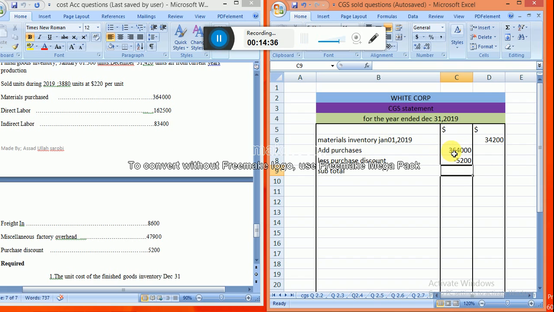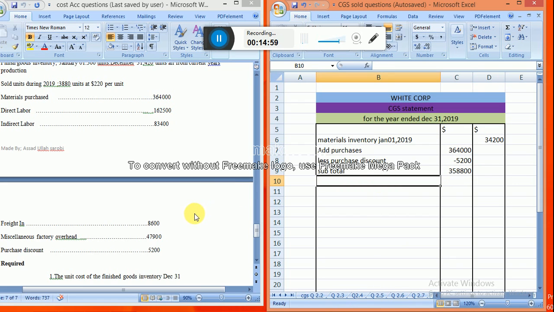So we will subtract the 5,200 from the $3,64,000. So our subtotal is 3,58,800.